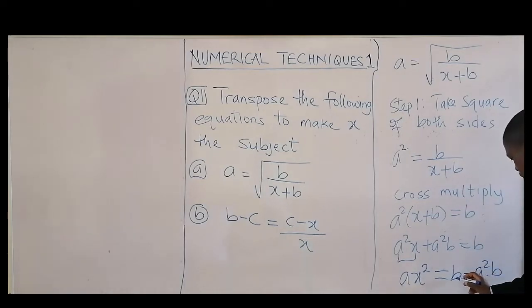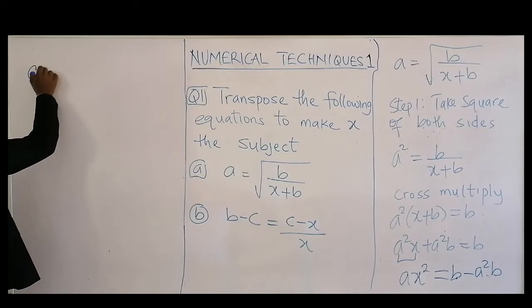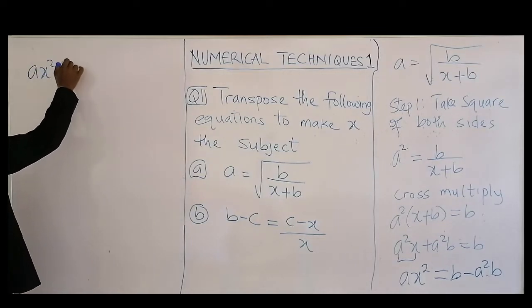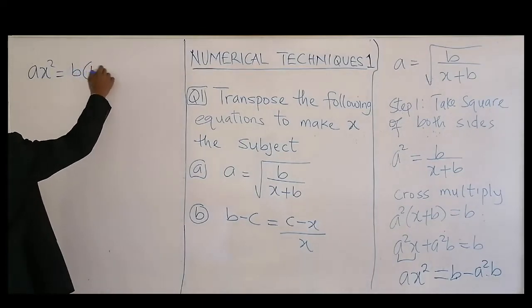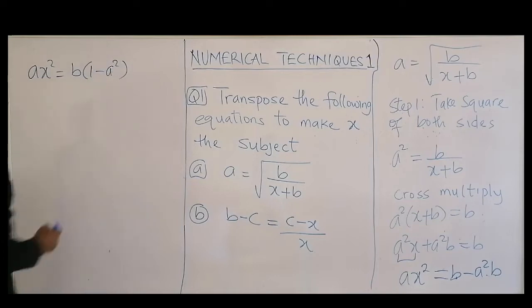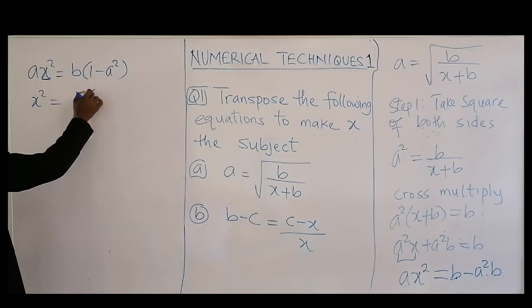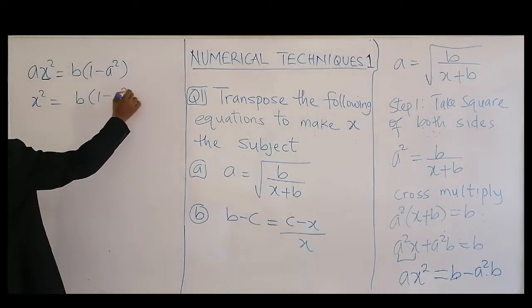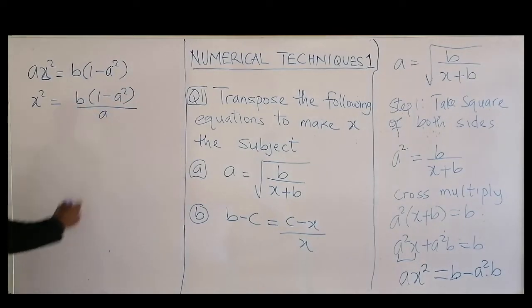Okay, and then b is here, so you can factorize that, and that will be a squared x equal to, take b out, factorize your b, then you have 1 minus a squared. Okay, then make this one the subject, so x squared is equal to b into bracket 1 minus a squared all over a.